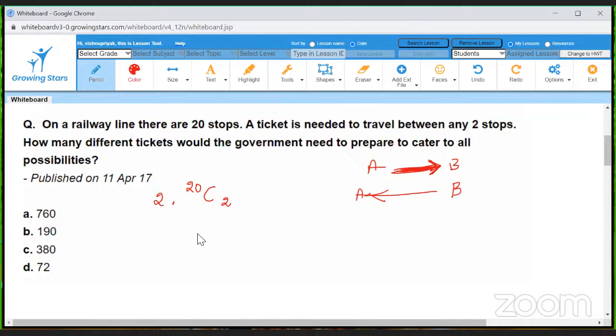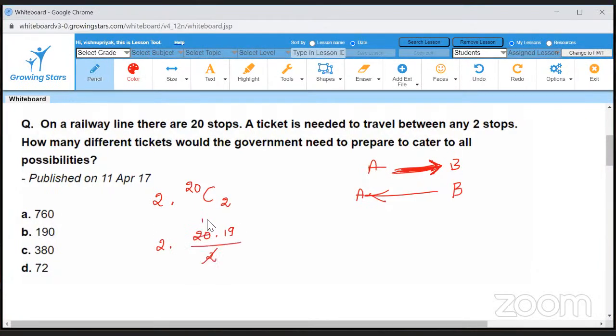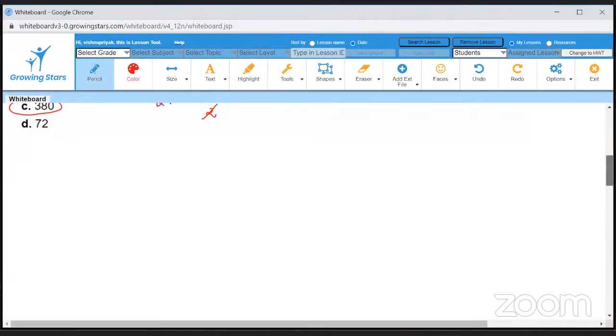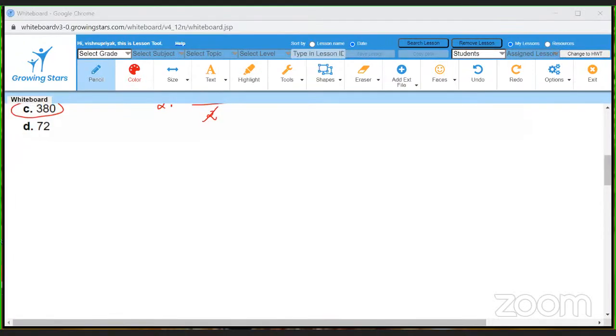So 20C2 means start with 20, take two numbers, divide by 2 factorial. So 20 into 19 is 380, and 380 divided by 2 is 190, times 2 gives 380 types of tickets one can go for printing. Okay, next.